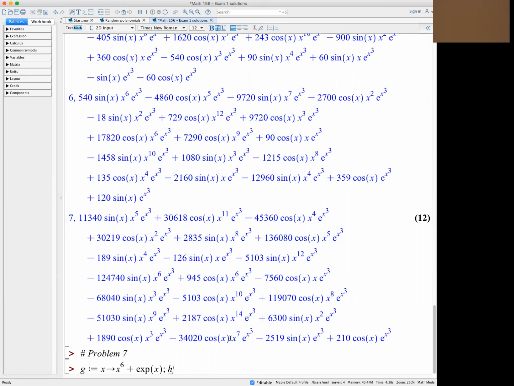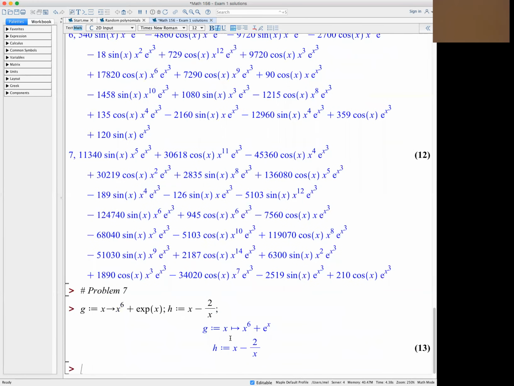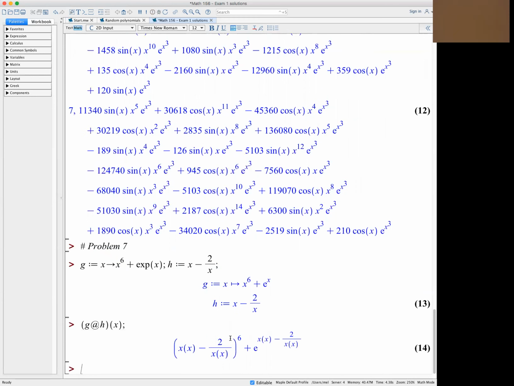And h of x is the function 2 over x. So the composite function, g composed with h of x, is that.